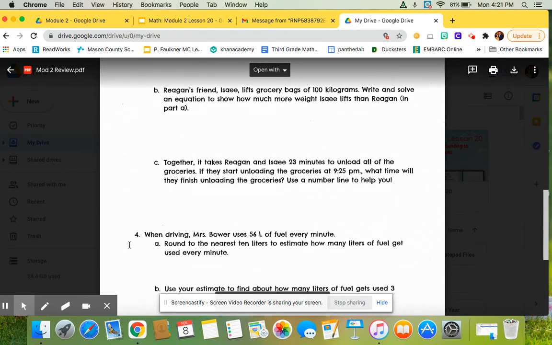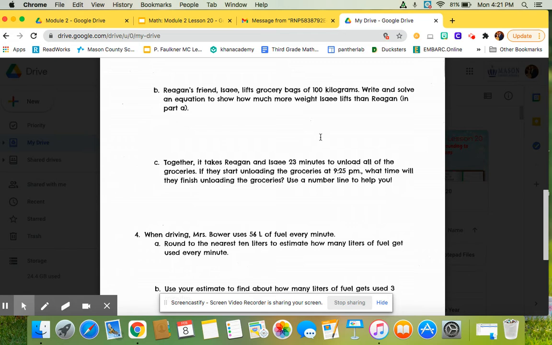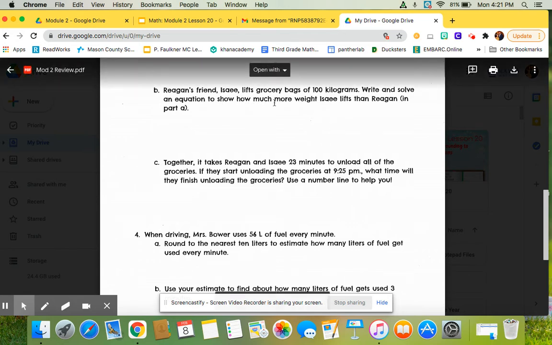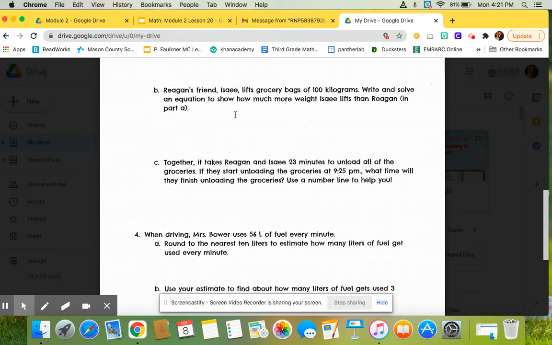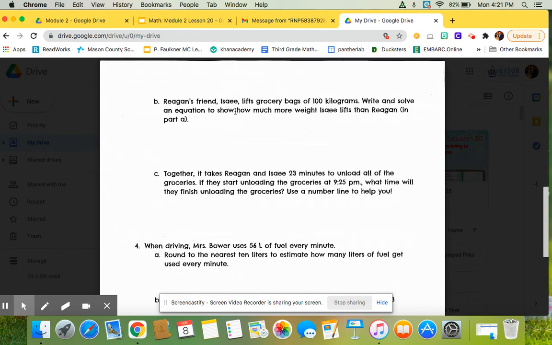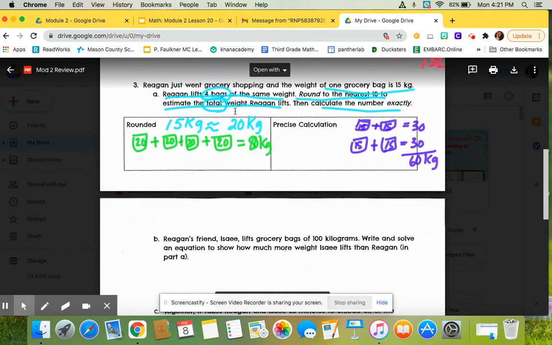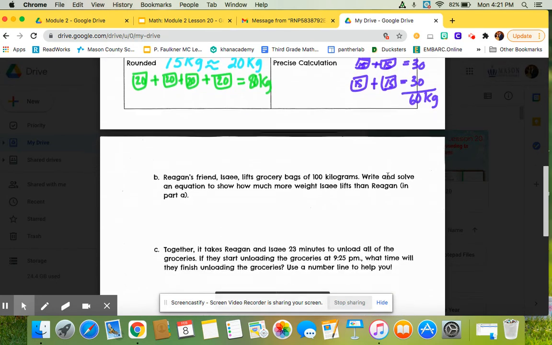Let's scroll on down to B. It says Reagan's friend lifts the grocery bag of 100 kilograms. Write and solve an equation to show how much more weight, I don't know what that name is, Izzy, lifts than Reagan. And so it says to look in part A. So Reagan lifts 60 kilograms, exactly.